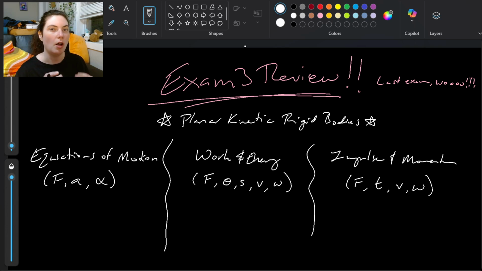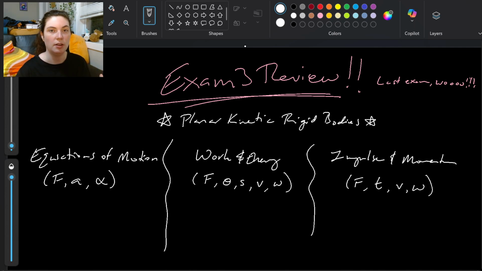So essentially, all we were doing is taking any of these planar kinetic problems where we have our forces, picking one of these three strategies to do, and then solving the problem. So we did a lot of different problem types, a lot of things like rolling without slipping, worked through many examples of this, but at the end of the day, they're all kind of the same concept, just applied in different ways.